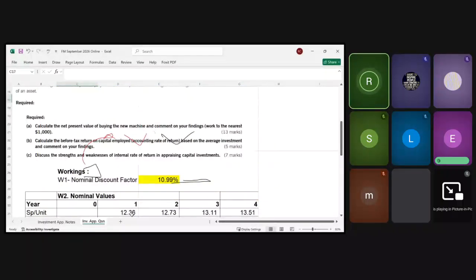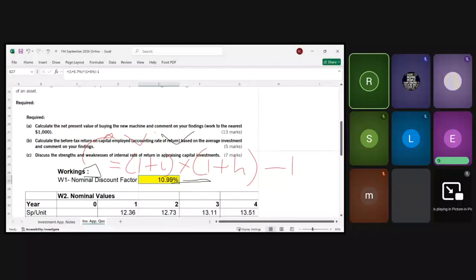My nominal discount factor, I've calculated it this way. Real cost of capital is 5.7%, and then general inflation is 5%. So in order to calculate that, you say 1 plus i, where i is the nominal rate, equals open bracket 1 plus the real rate close bracket times open bracket 1 plus h, the inflation rate, close bracket, then minus 1.